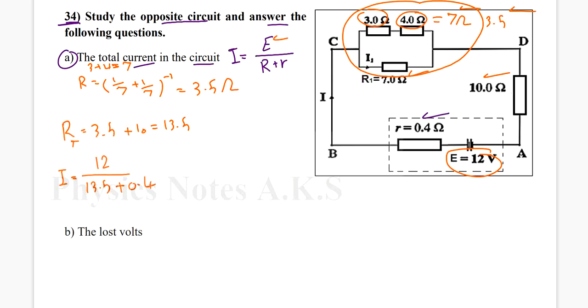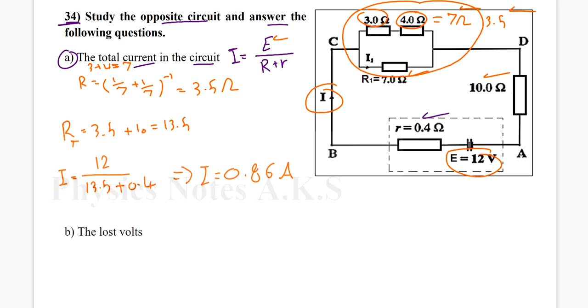I'm gonna use my calculator here. So 12 over 13.5 plus 0.4, I get 0.86 ampere. So the current is 0.86 ampere. This is the current in the circuit, the total current, guys.